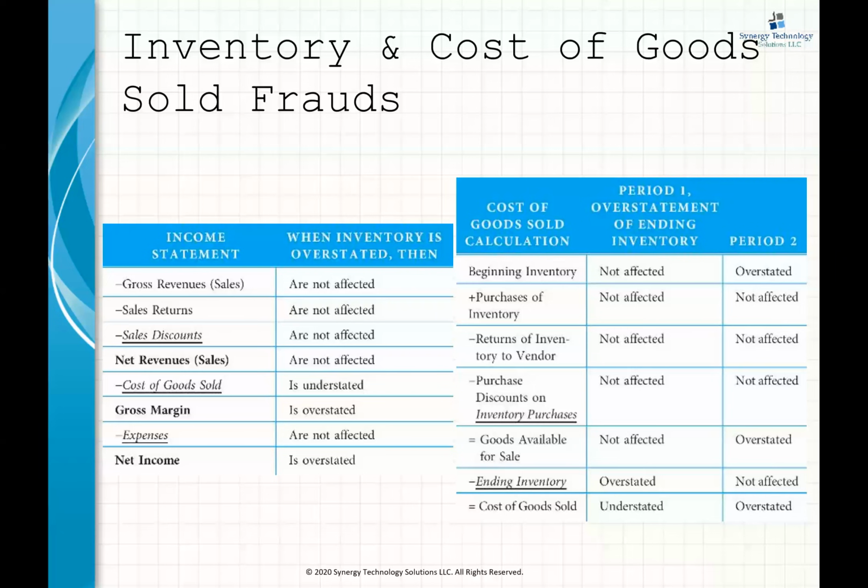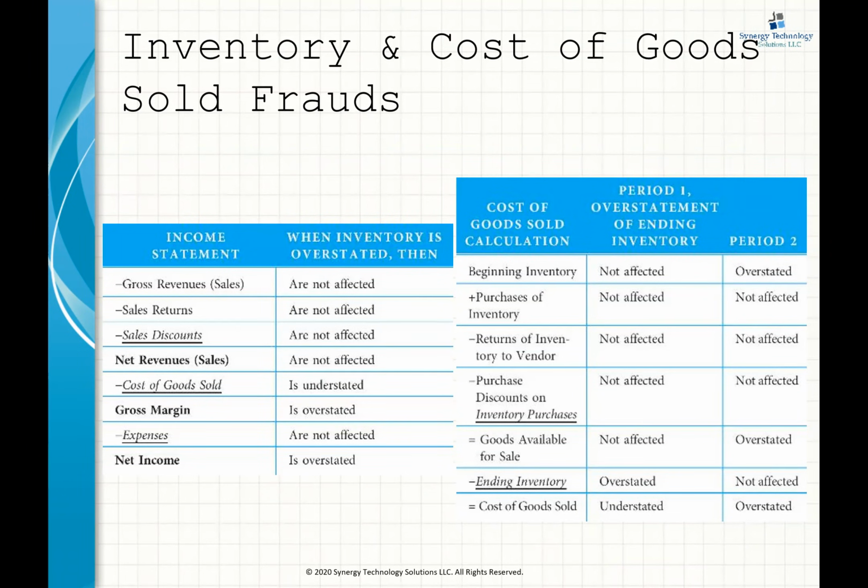If it is gross revenue, sales returns, sales discounts, these are not really impacting the income statement. It's gross revenue, gross sales.